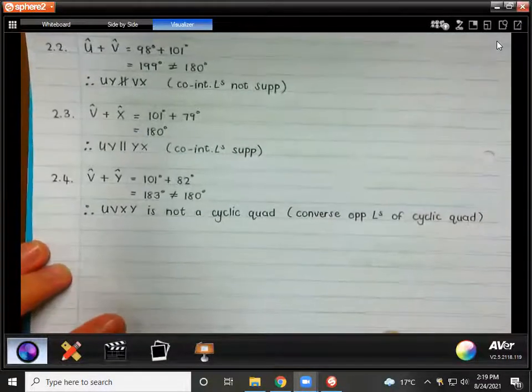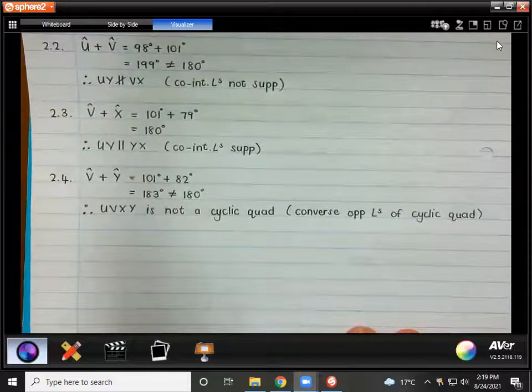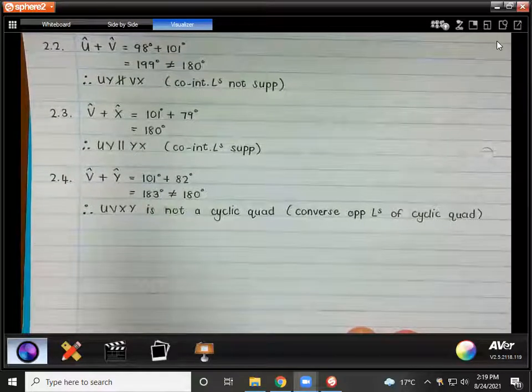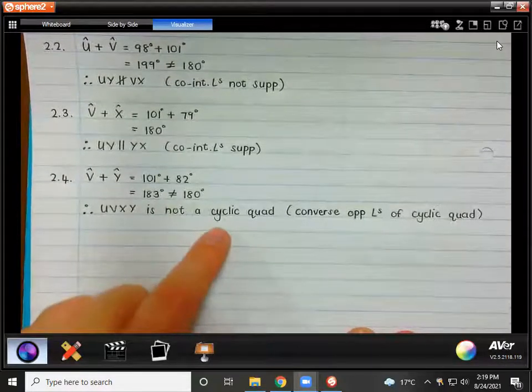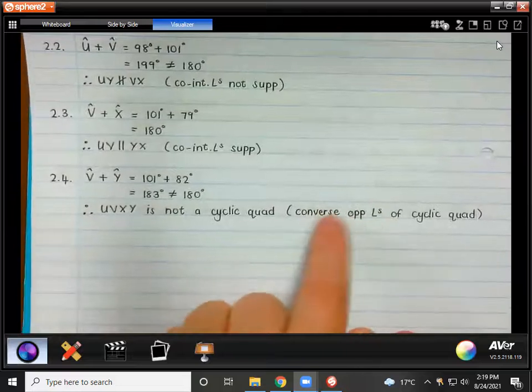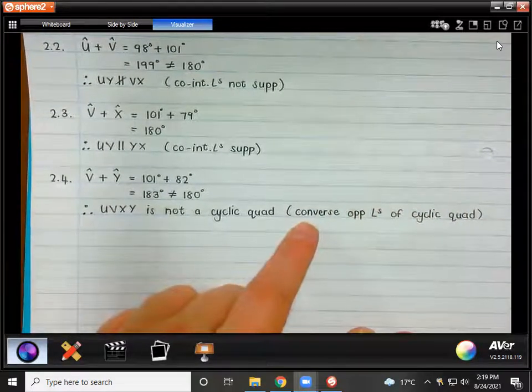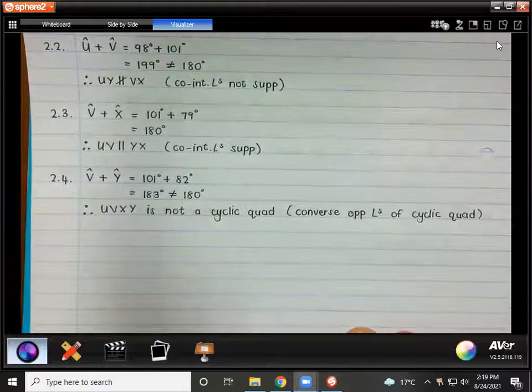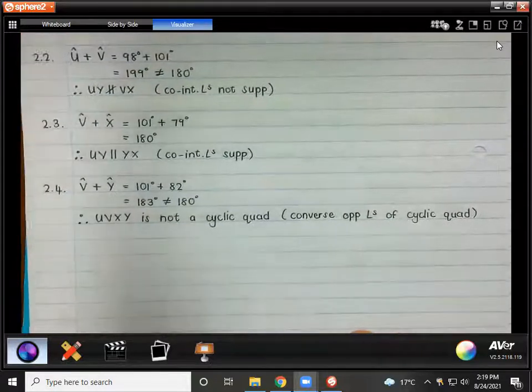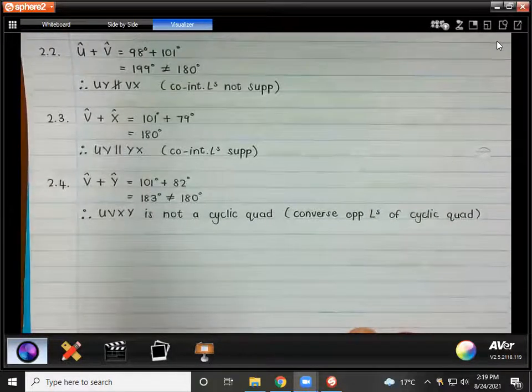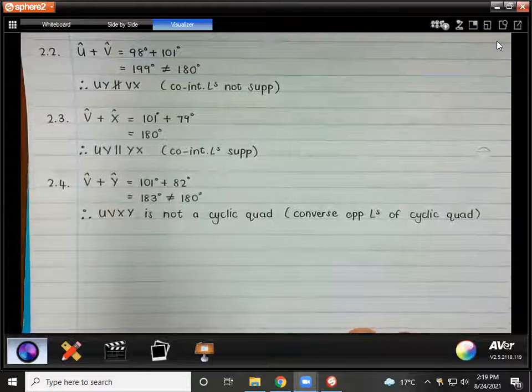I did discuss this with yesterday's group, but just to say again, whenever you are checking whether the properties of a cyclic quad actually work for this quad, in order to prove whether it is cyclic or not, your reason is always going to be the normal reason, but then you put converse in front. If you know that it's a cyclic quad, that's what we did in number 1 and number 2, we use the fact that the opposite angles are 180, then we just say opposite angles of cyclic quad.